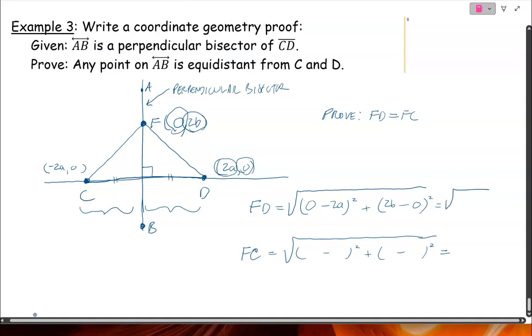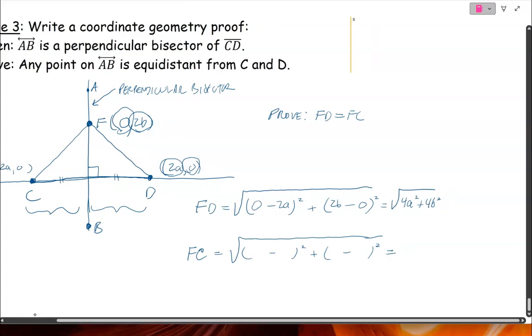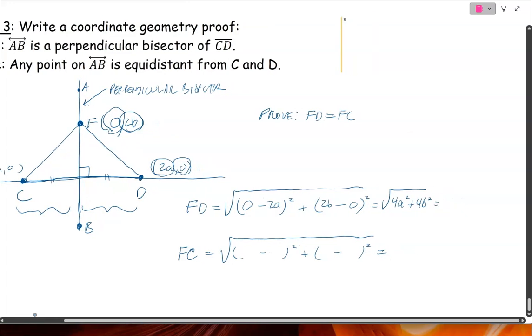So we get the square root of 4a squared when I square that first one, and then 4b squared. And we can factor out a 4 and take the square root and get 2 times the square root of a squared plus b squared. So you can write it either way. That's correct, but this is simplified.